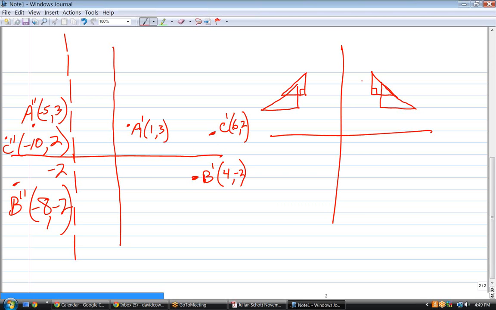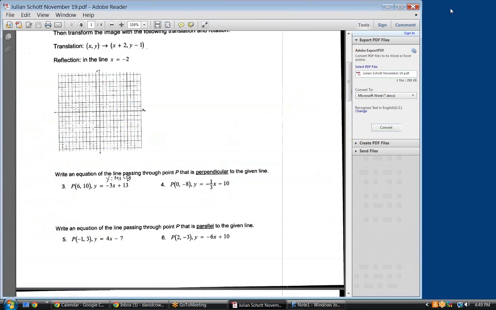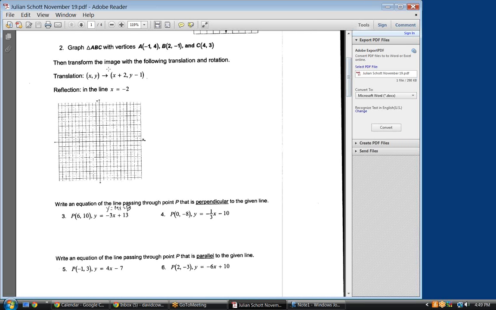If I reflect first and then move it down 1 and to the right 1, I get this. So it does matter which you do first. Now, the only thing that I'm truly puzzled by is why they list these in reverse order. Because it sure seems like they want us to do the translation first.